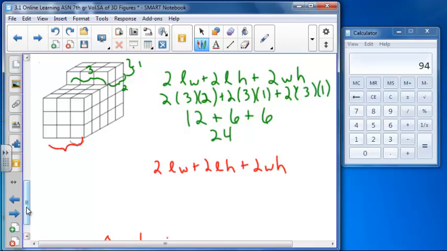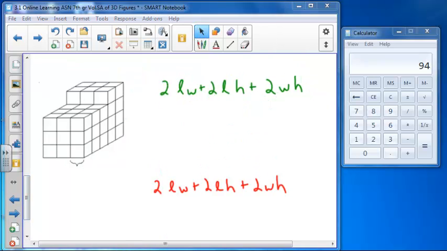The bottom dimensions are 3 for the length, 5 for the width, and 3 for the height. Well, what if we considered the top prism separately from the bottom prism?